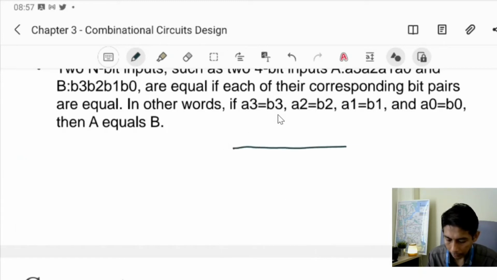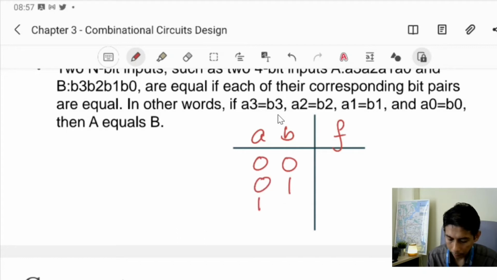Now let's look at the characteristic of the XOR gate. We have inputs A, B, and output F. For inputs 0 0, 0 1, 1 0, and 1 1, the output for the XOR gate will be 0, 1, 1, 0.